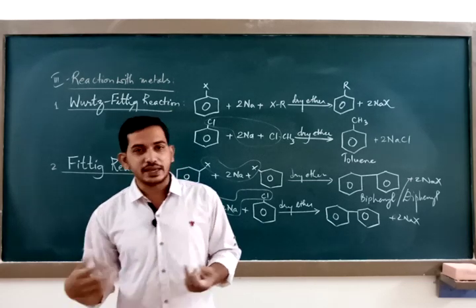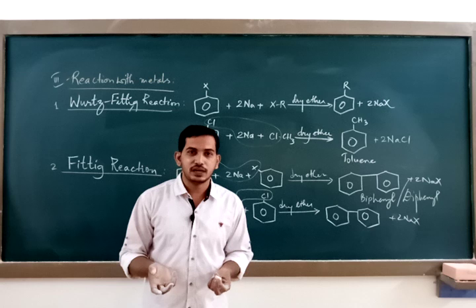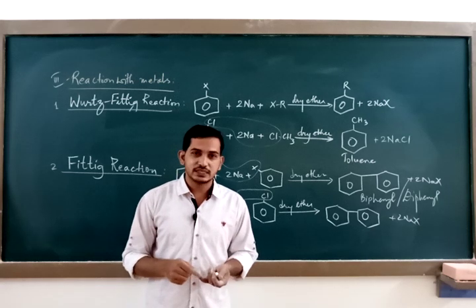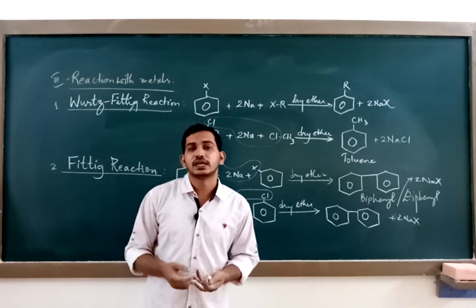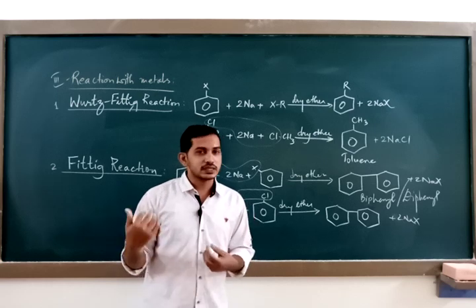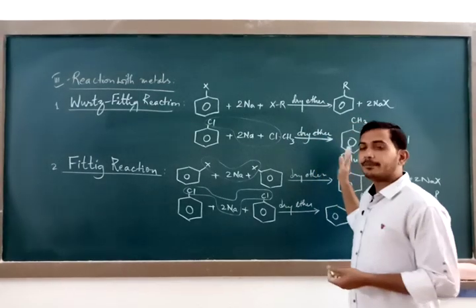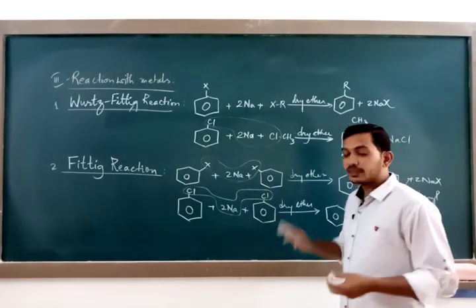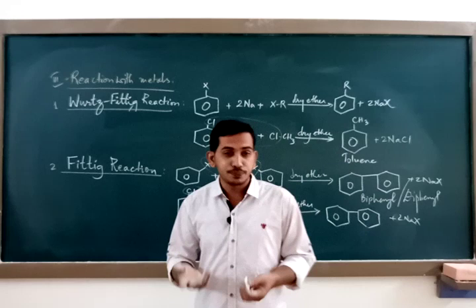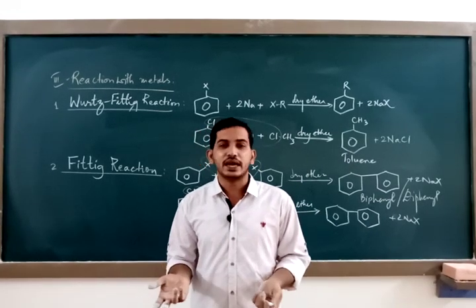Either they can ask you directly, explain Wurtz reaction with an example, explain Wurtz-Fittig reaction with an example, or explain Fittig reaction with an example, or else the reaction will be given, reagents will be given, you are supposed to fill the product part, give the IUPAC name of the product and name the reaction.